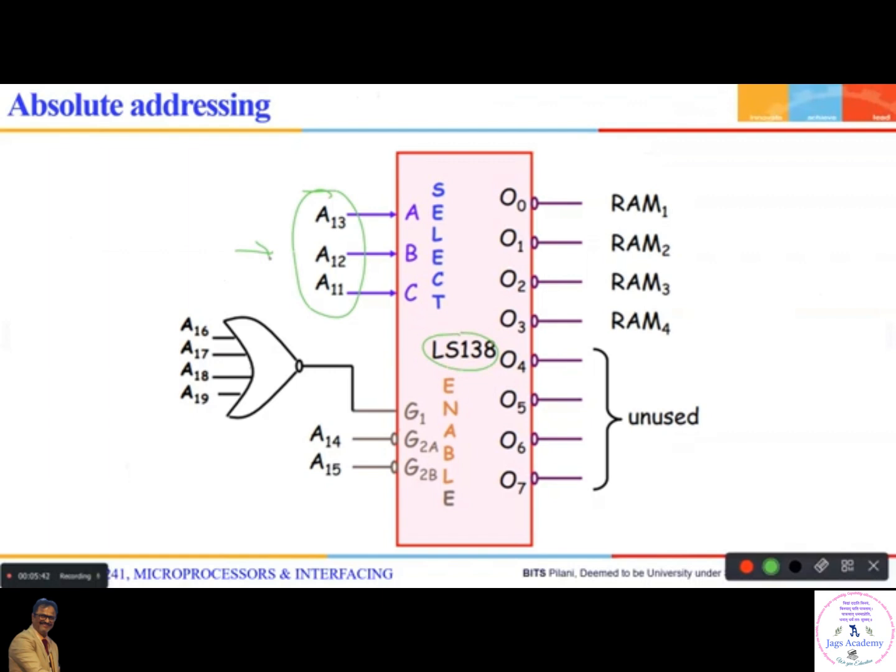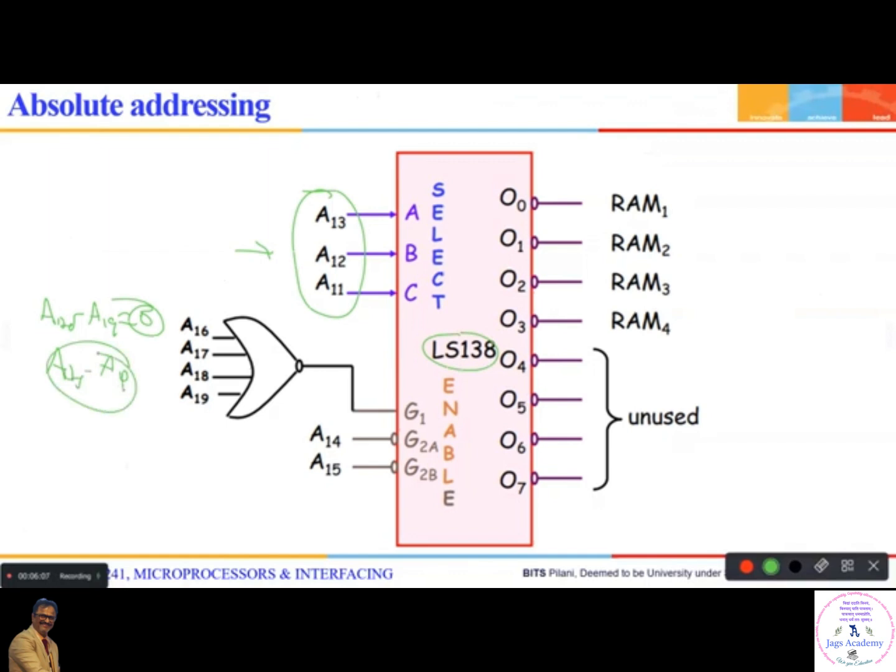Now let us look at the table. You can see that from A14 to A19, it's all zeros, yes or no? In this entire address range from the table, A14 to A19 is all zero.